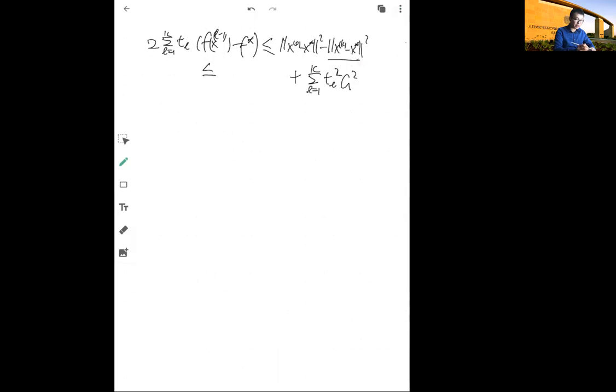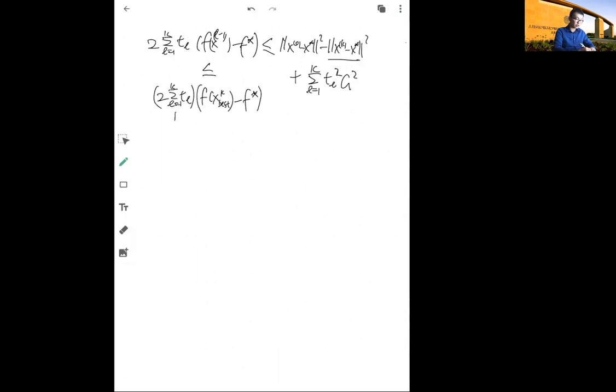Since all the t_L are non-negative, we can lower bound the left-hand side of this inequality with 2 times sum over L equals 1 to k of t_L, let's group this together, and then have f of x_k best. Notice that this f(x_k best) minus f star is always smaller than any individual iterate. Therefore, we can construct this lower bound.